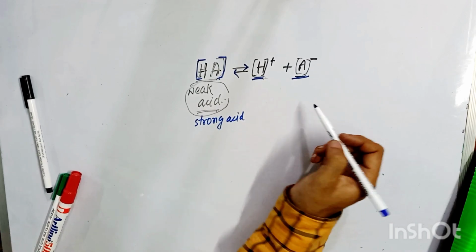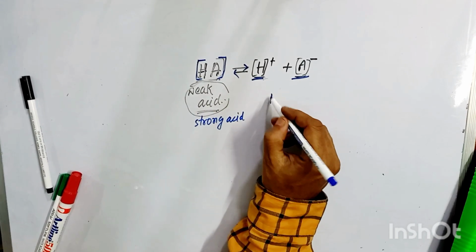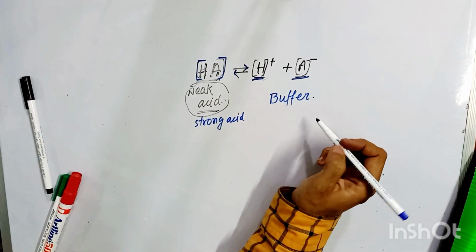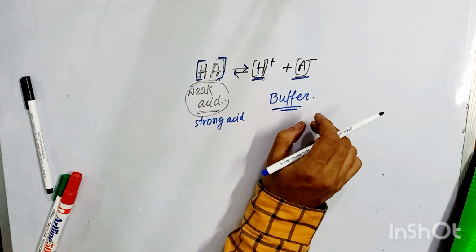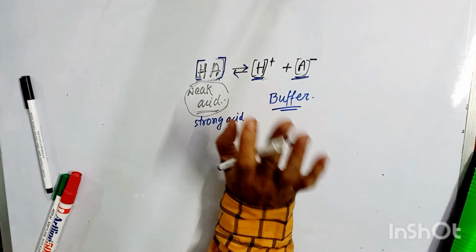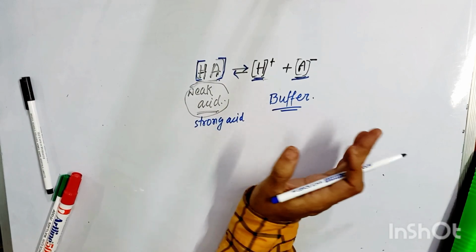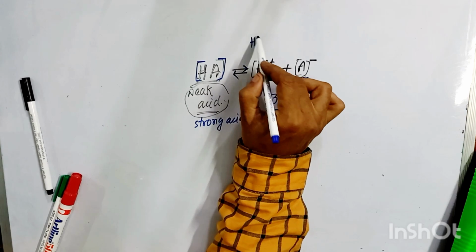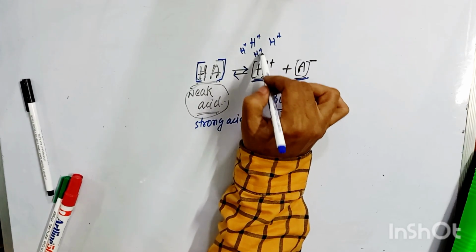Now, how does this weak acid perform like a buffer? That is the main thing. That is the principal thing. How do they resist? If there is an insult to this acid, a hydrogen insult, if I put some more hydrogen ions inside this solution, what happens?